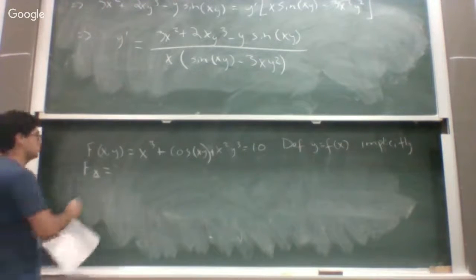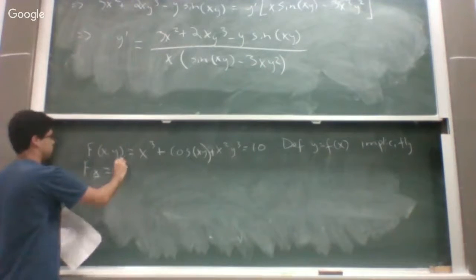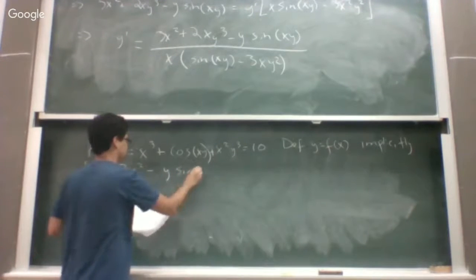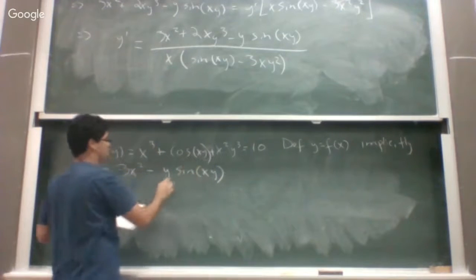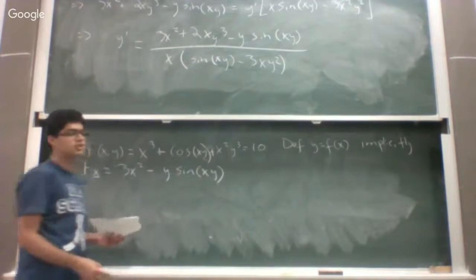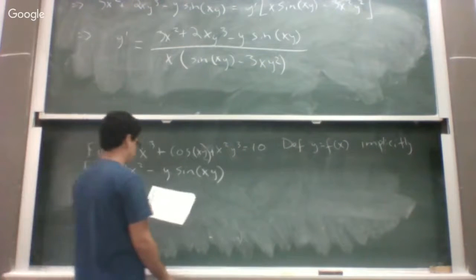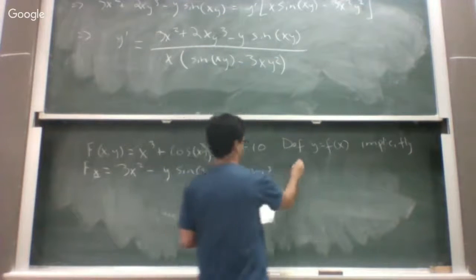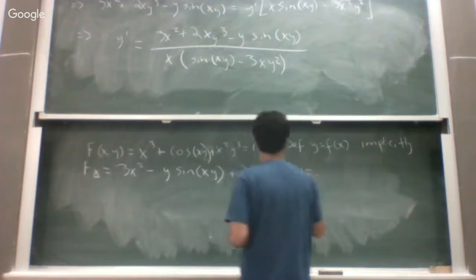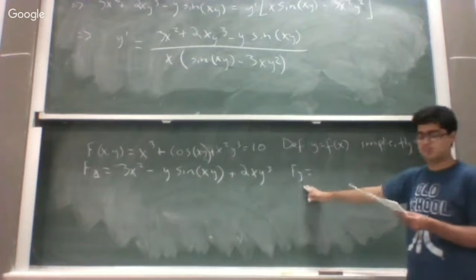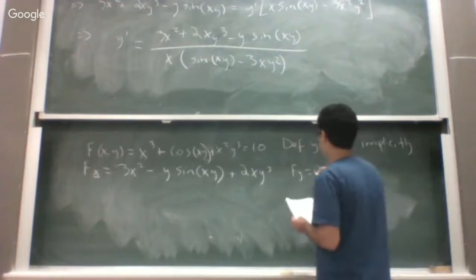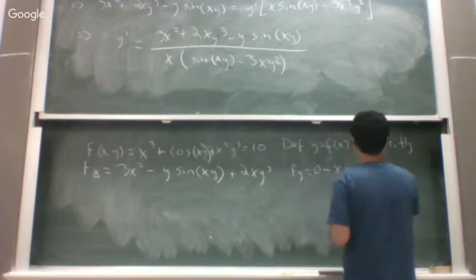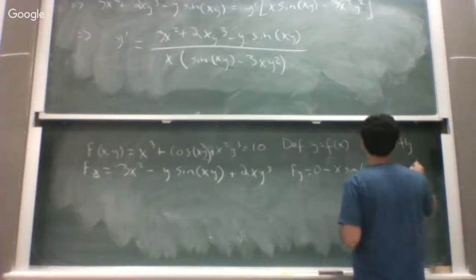So it would be 3x squared minus y sine of xy, because since y is constant, the derivative of the inside would just be y, plus 2xy cubed. Now f of y, what are we holding constant? x. So we have 0 minus x sine of xy plus 3x squared y squared.